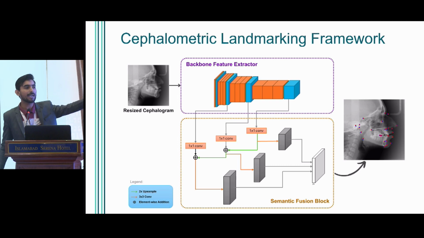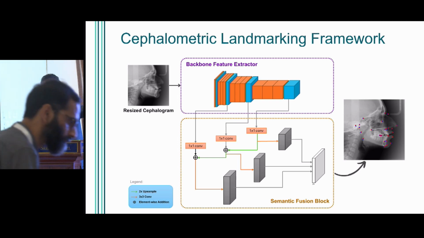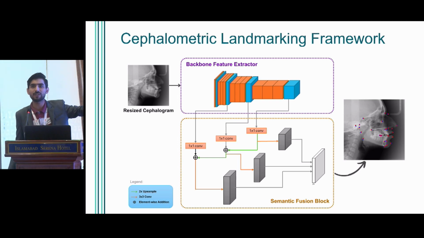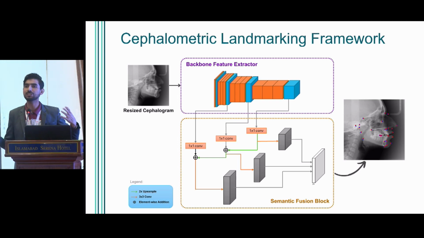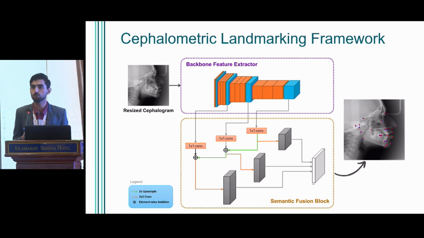So predicting landmarks using features from the end of the backbone is not an accurate approach. So we came up with a fusion block, in which we took the global features and the local features, fused them, and then used those high resolution features to predict the landmarks.